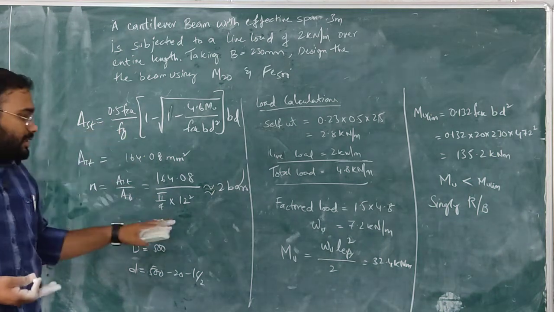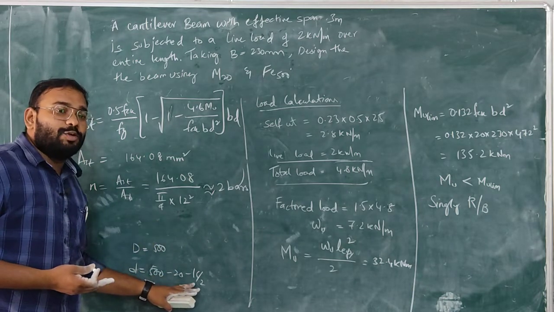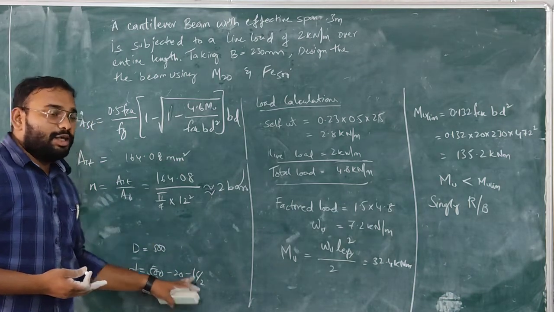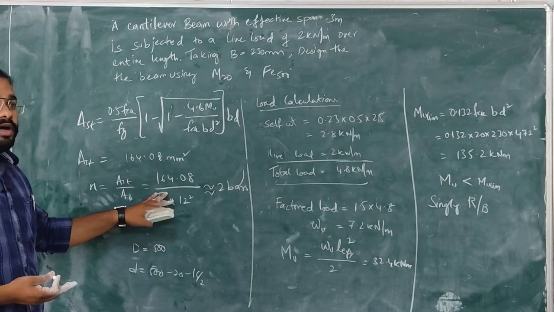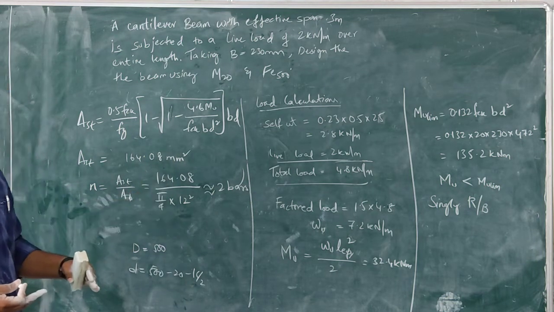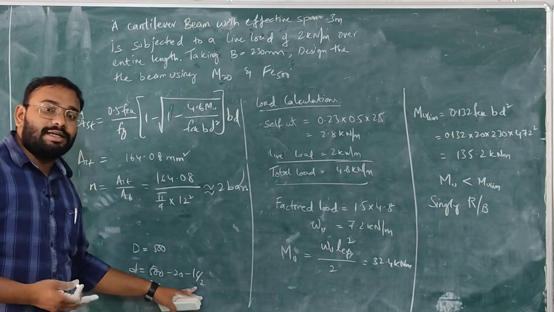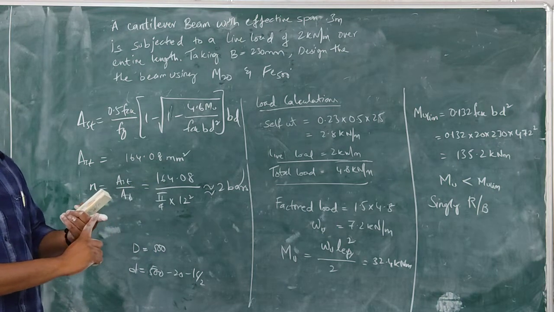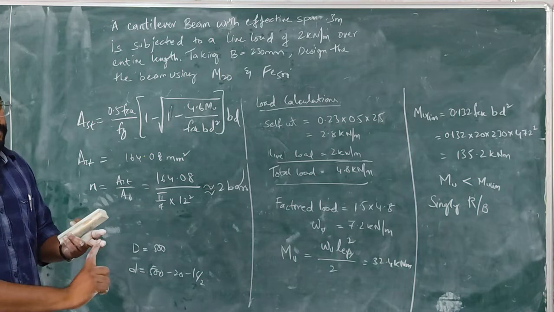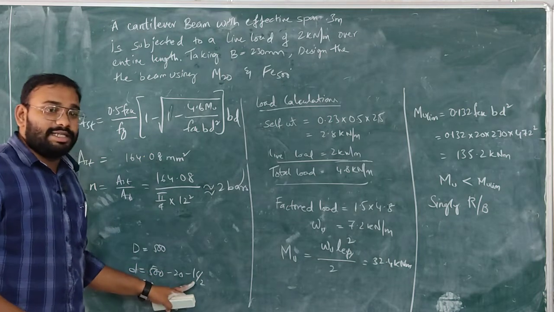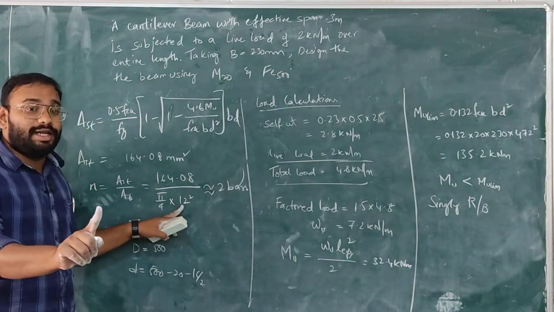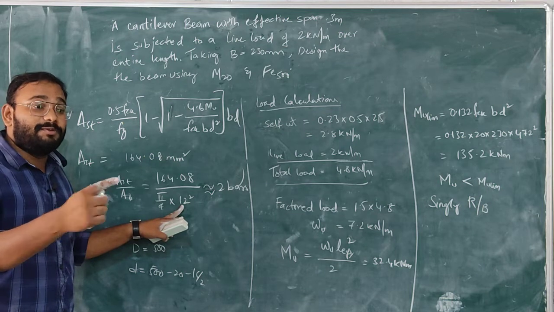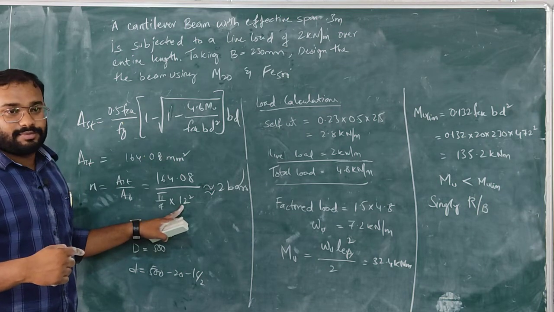Remember, when you are assuming 16 mm diameter bars, you can calculate number of bars for 12 and 16. When you are assuming 20 here, you can calculate number of bars for 12, 16 and 20. You cannot calculate for 25. You have assumed 16 here, so you cannot calculate for 20. Why? Because depth will decrease in that case.